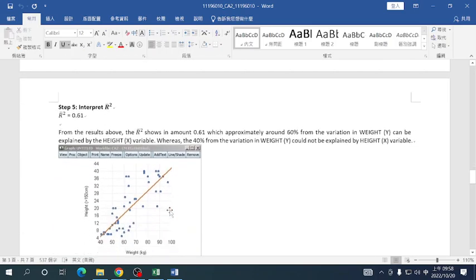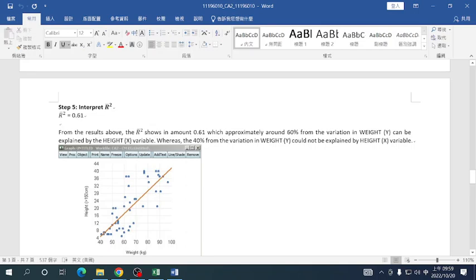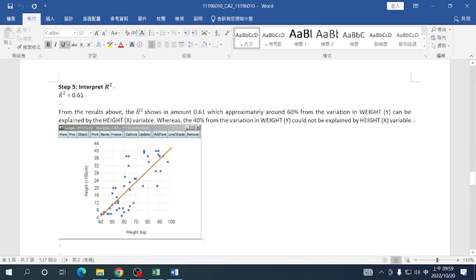And this is step 5, interpret the R square. R square equals 0.61. This is the graphic for the R square from the equation. We use the measurement 150 centimeters and the weight in kilograms.